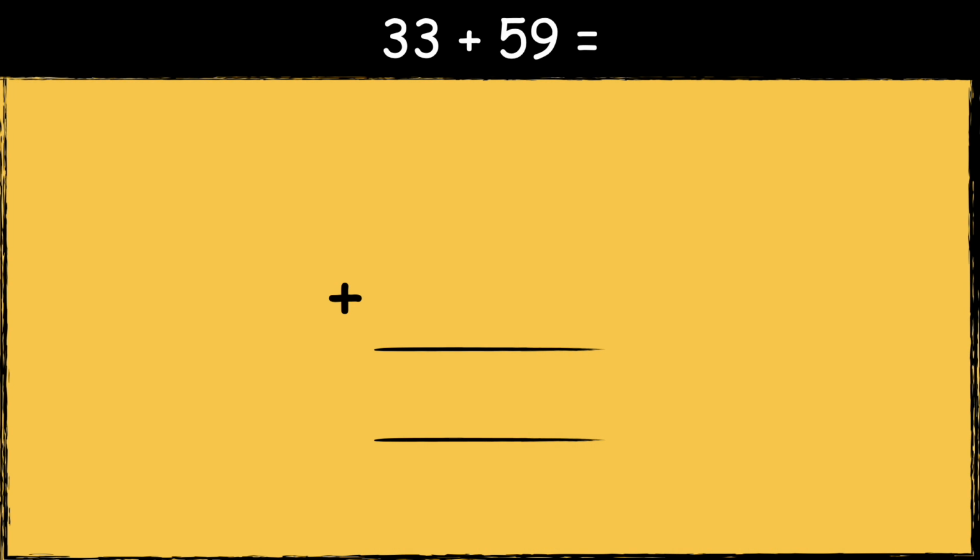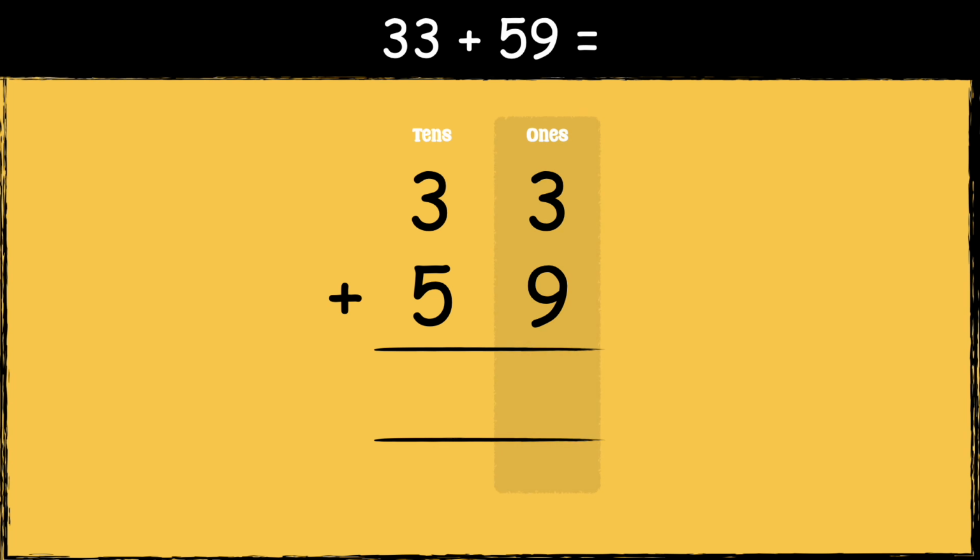Here's another example. 33 add 59. Remember to line the numbers up correctly. So we have 33 and 59. So now we're ready to add the digits in each column. So we start with the ones. 3 add 9 equals 12.